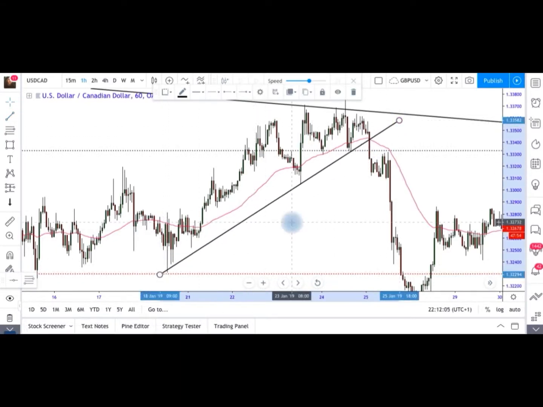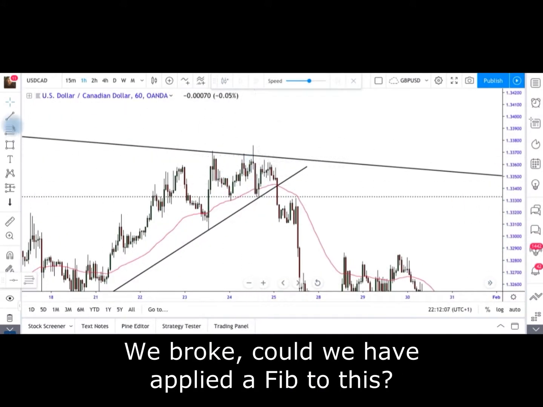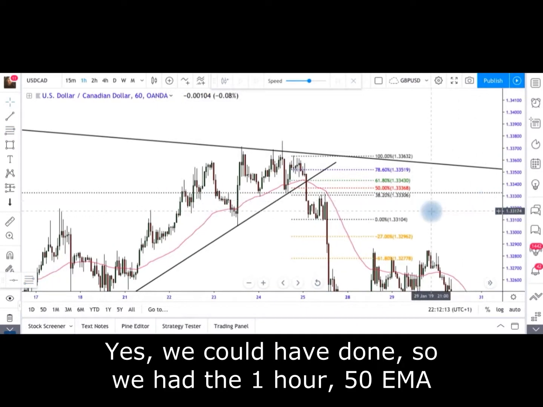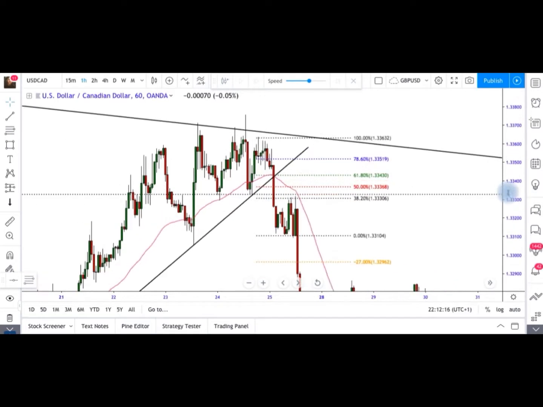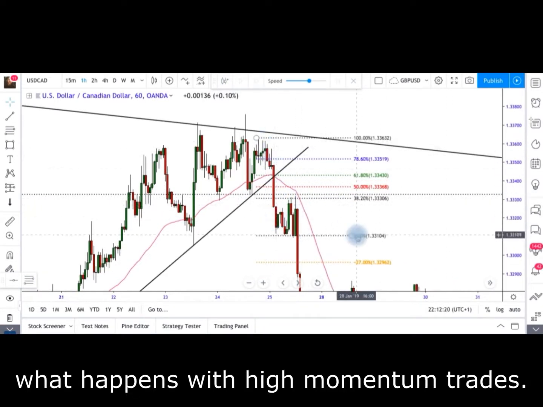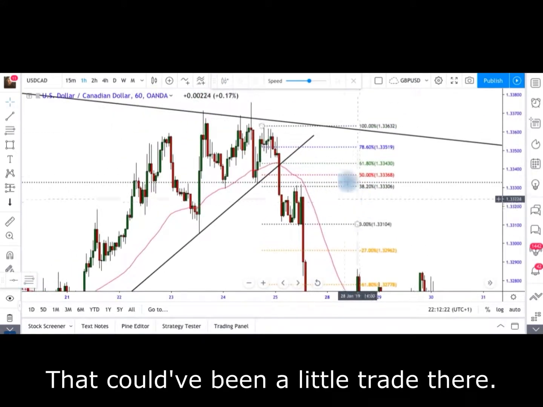With this little counter trend line here, we broke. Could we have applied a fib to this? Yes, we could have. We had the 1 hour 50 EMA and the 38.2 tapped, which is generally what happens with high momentum trades. That could have been a little trade there.